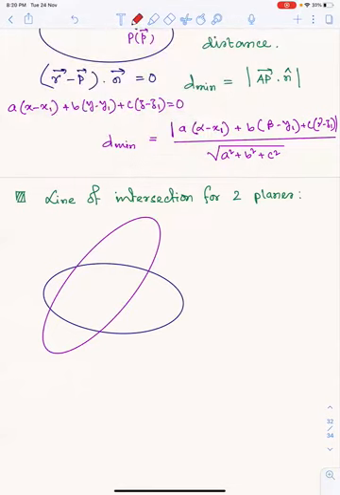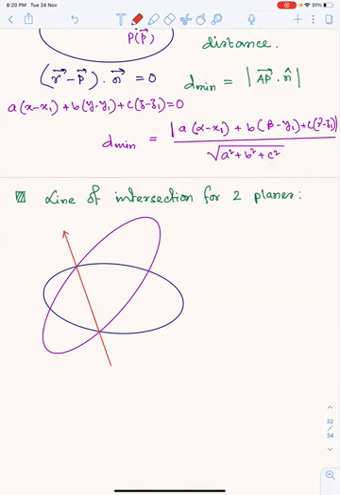So what we will get as the line of intersection, this is our target. Okay.